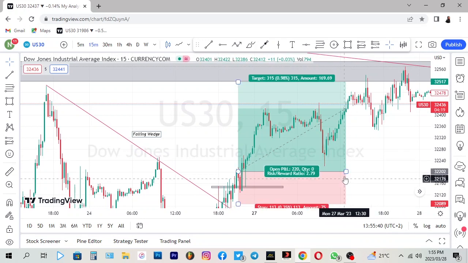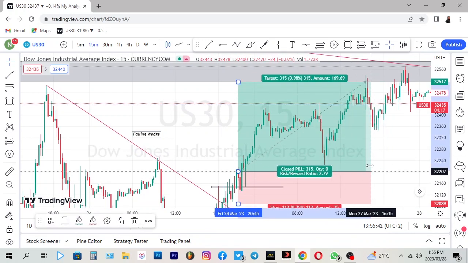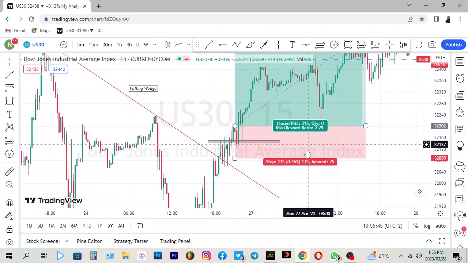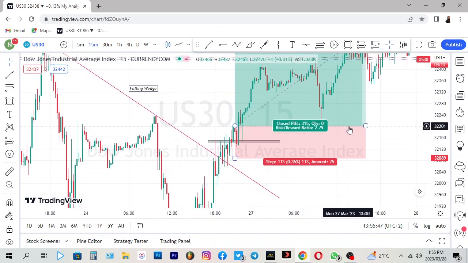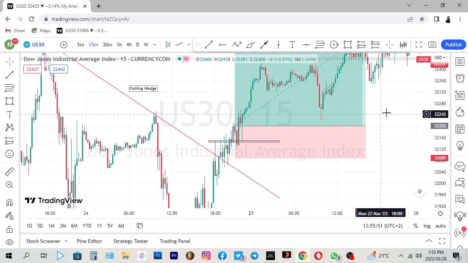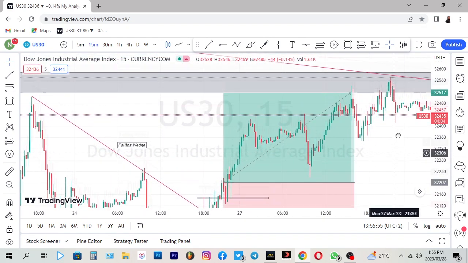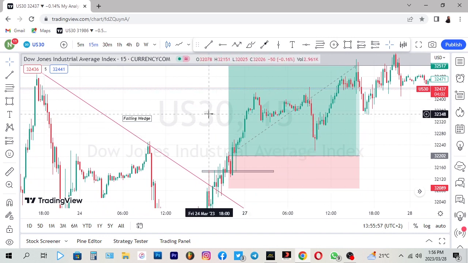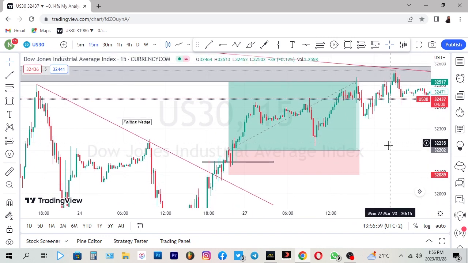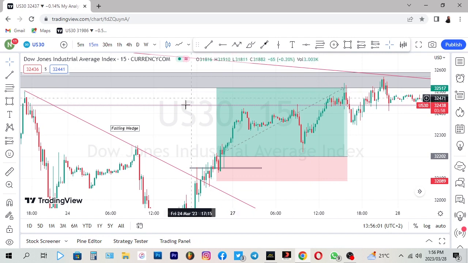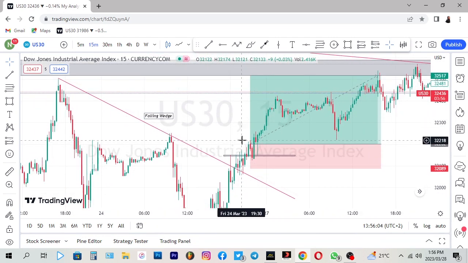We go to our TP, and the risk ratio is also nice because it's almost 1:2, about 2.5. So 1:2.5, or we can say 1:3.